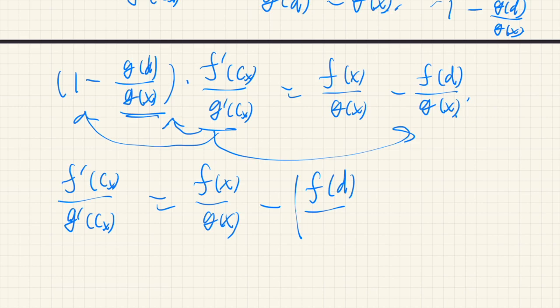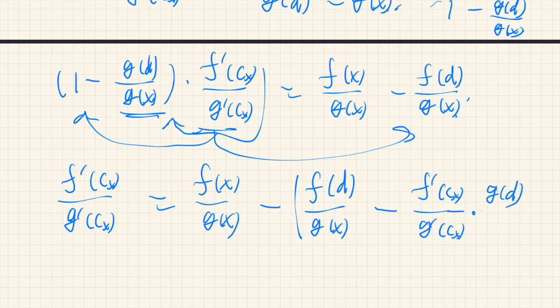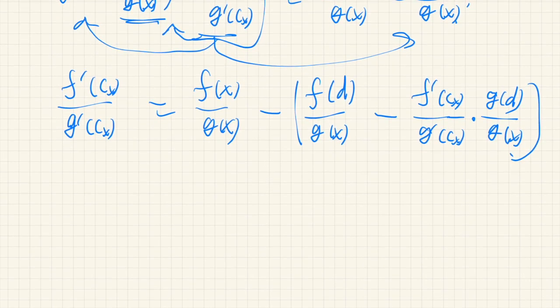This one, f of d over g of x, minus f prime of cx over g prime of cx times g of d over g of x. Okay, now let's put this as r of x.